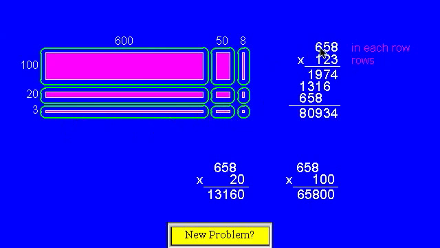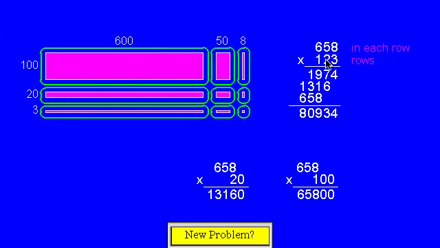Then we go 3 times 6 is 18. So we're doing ones times hundreds, so it's 18 hundreds plus the 1 we had, which would be 19 hundreds. So that would be the 3 rows of 600 here, plus we had the 100 carried.